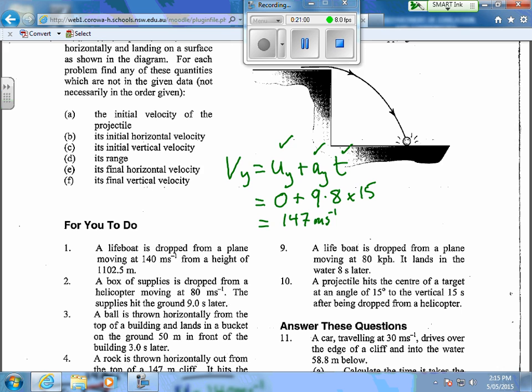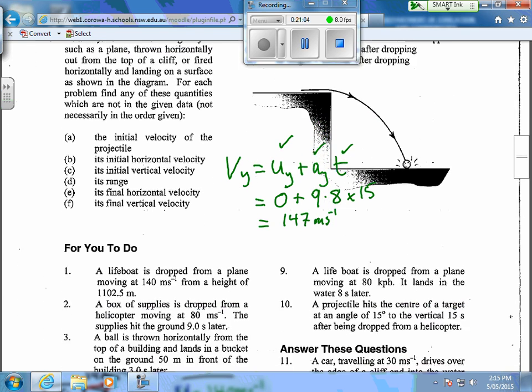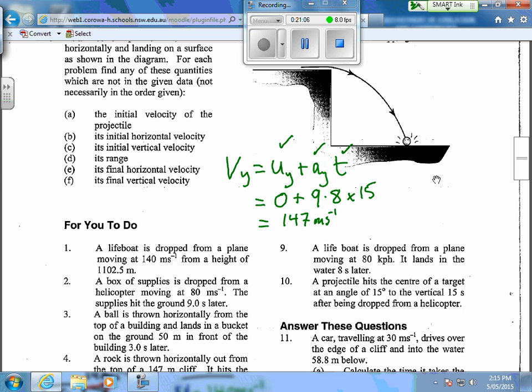Now, do they ask you in here? Oh no, it's final velocity. Funny enough, it is. Because what you've got is 140 meters per second of horizontal velocity, haven't you?